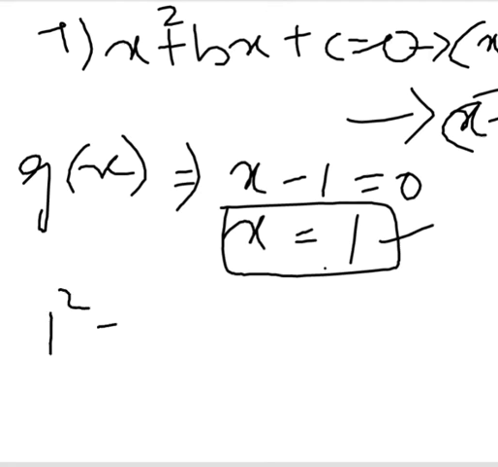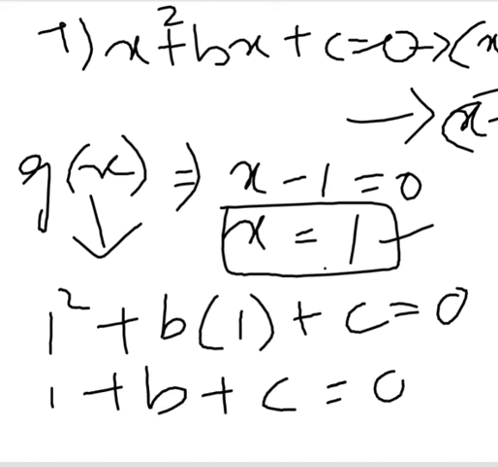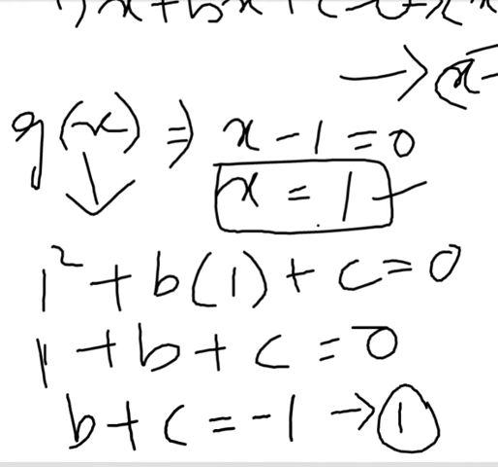So 1 square plus b into 1 plus c is equal to 0. 1 square is 1, b into 1 is b, and c is equal to 0. When this 1 goes to RHS it becomes minus 1. So b plus c is equal to minus 1. This is the first equation.